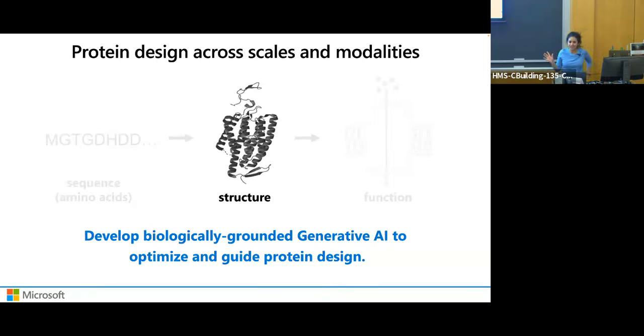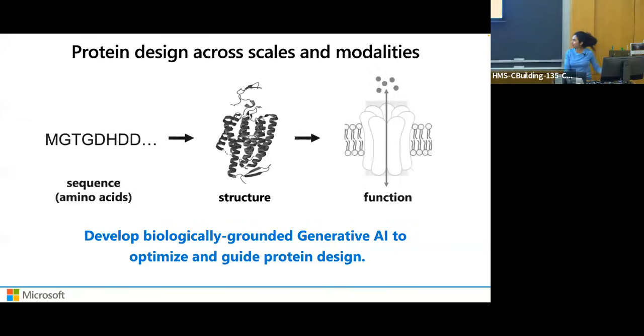Okay, so I talked a little bit about structure, right? But in truth, if we think about this traditional paradigm of sequence to structure to function, we raise the question and the hypothesis that structure is this middleman in this process.